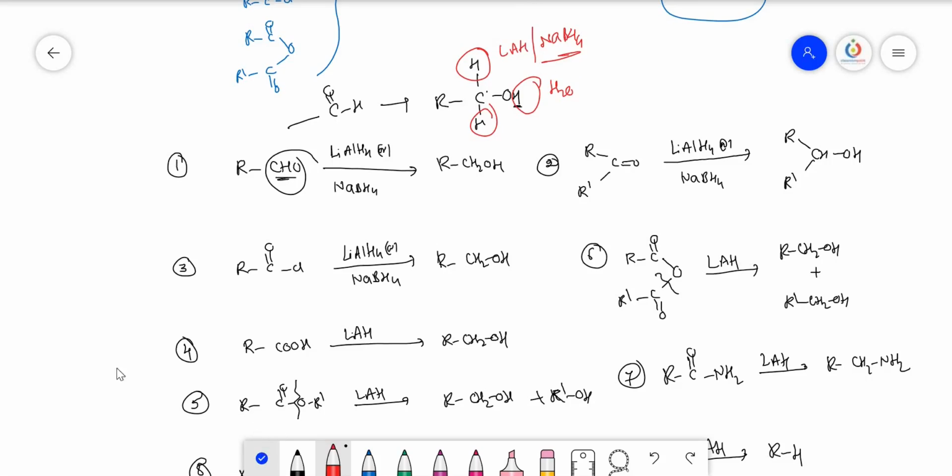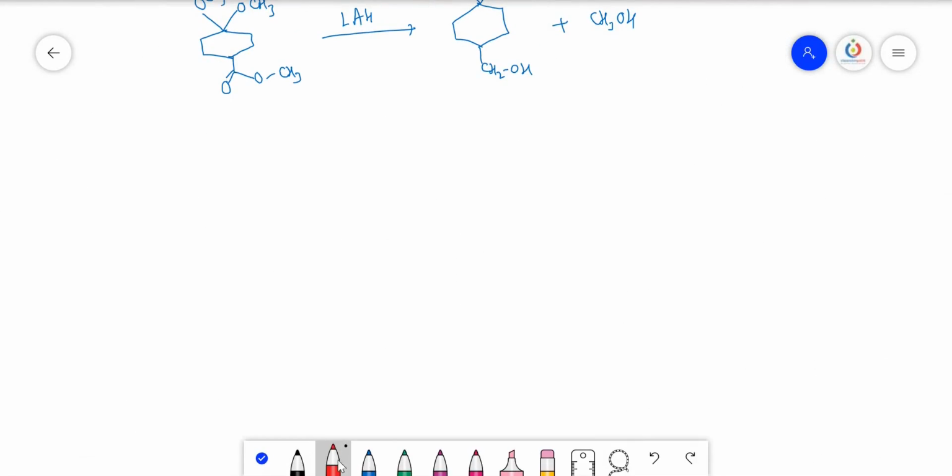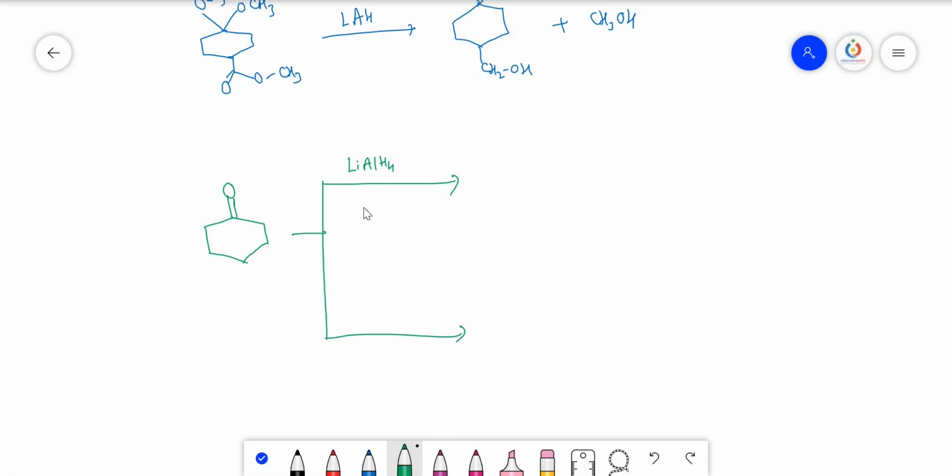You must remember that. So for that purpose, I am giving one important reaction to you all to understand. So I'll take this example to make you understand more about this concept. See, this I have taken. Now use the lithium aluminum hydride and D2O, deuterium oxide.